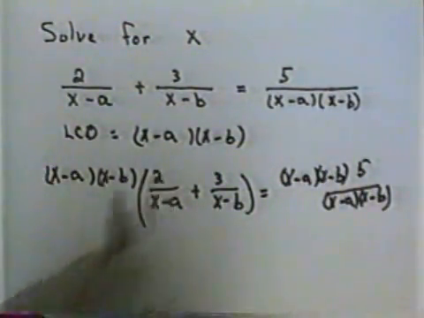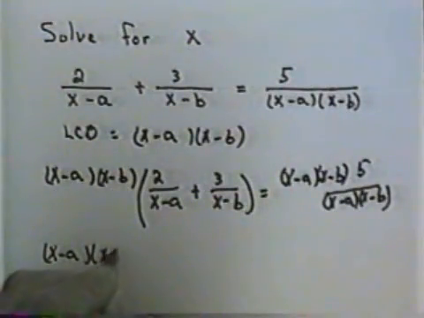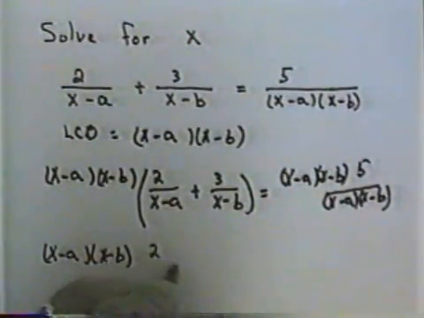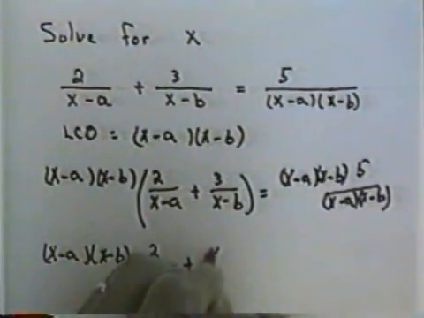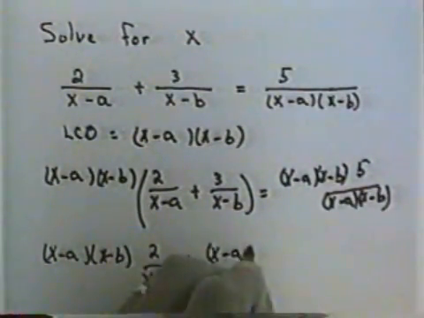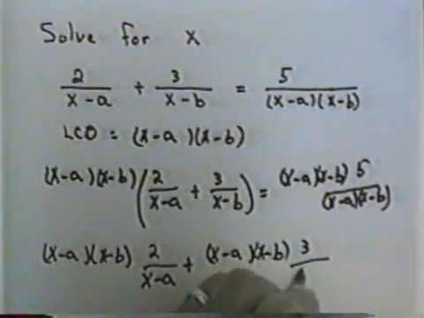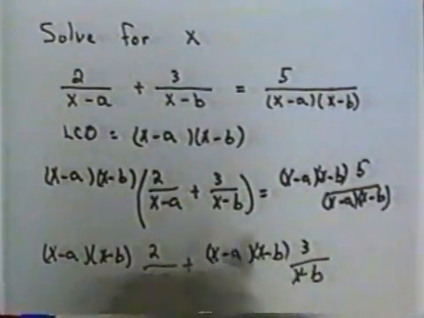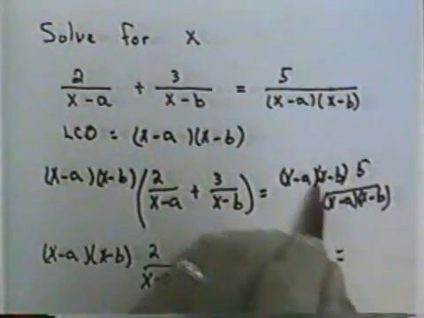Now I'm going to distribute. So I would have x minus a times x minus b times 2 over x minus a plus x minus a times x minus b times 3 over x minus b is equal to, now notice what happens here.